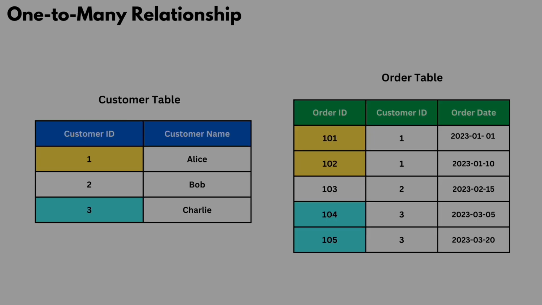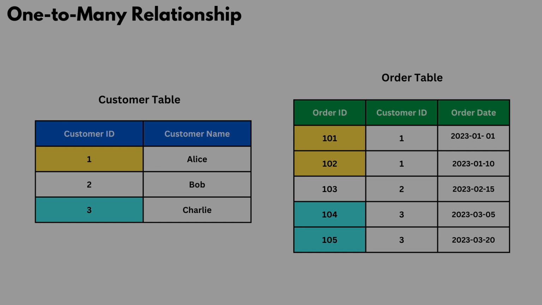The second relationship is called a one-to-many relationship. In this scenario, we have a single record in one table which is related to multiple records in another table. One example of this is when a customer can have multiple orders. We had this example previously when we were talking about different types of joins.